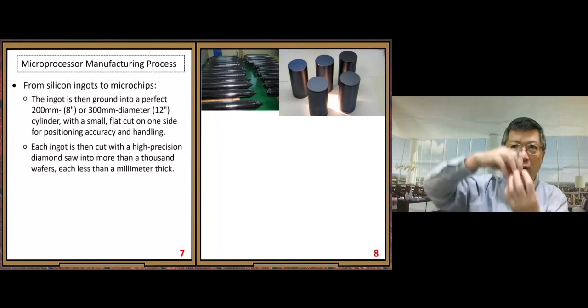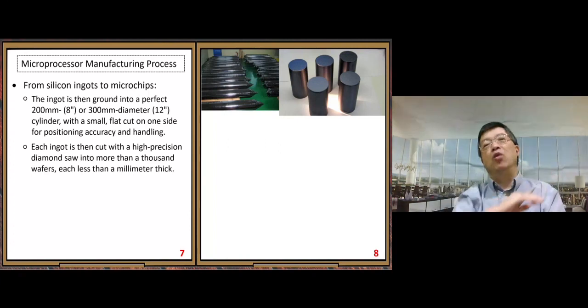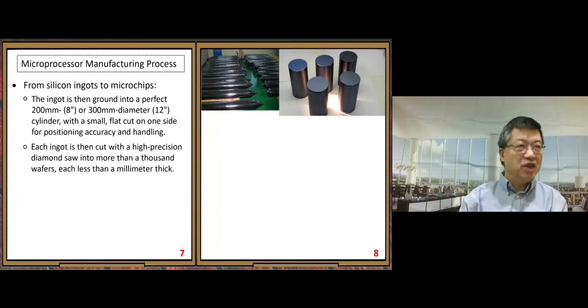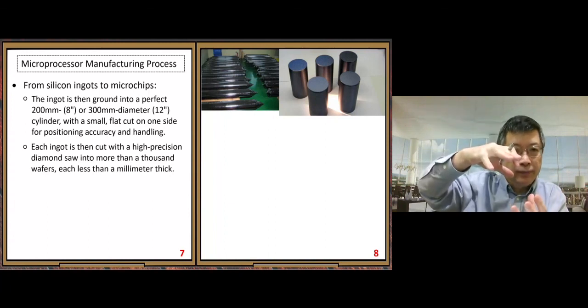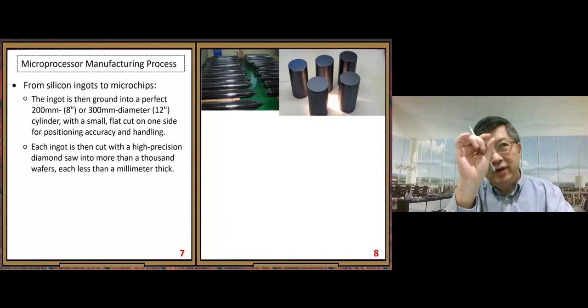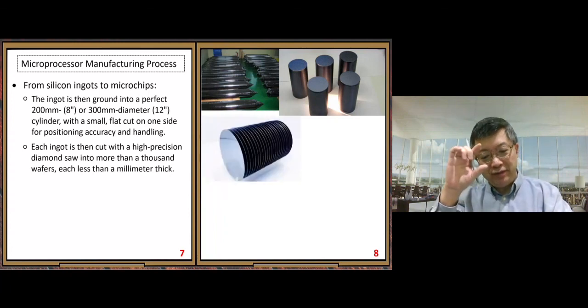So one ingot can give more than 1,000 wafers, a large number of wafers and microprocessors, because you want to make the manufacturing cost as low as possible. Each wafer is less than 1 millimeter thick, very thin, like the picture here.